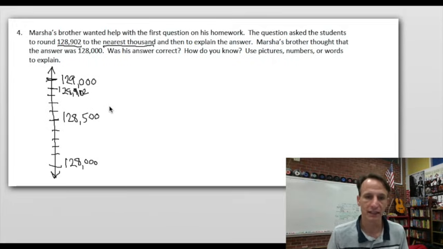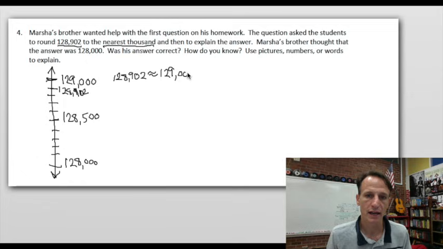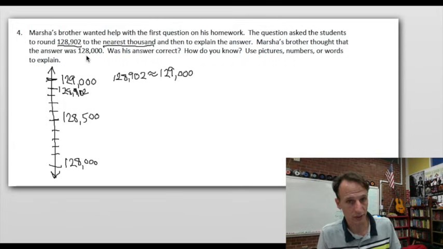It's only 98 away. So now we could say, as Marsha's brother, who shall remain nameless, that this is what he should have written on his homework, that the number he's rounding to the nearest thousand should have been rounded to 129,000. So now we can answer our question, was his answer correct? Well, he had said 128,000.